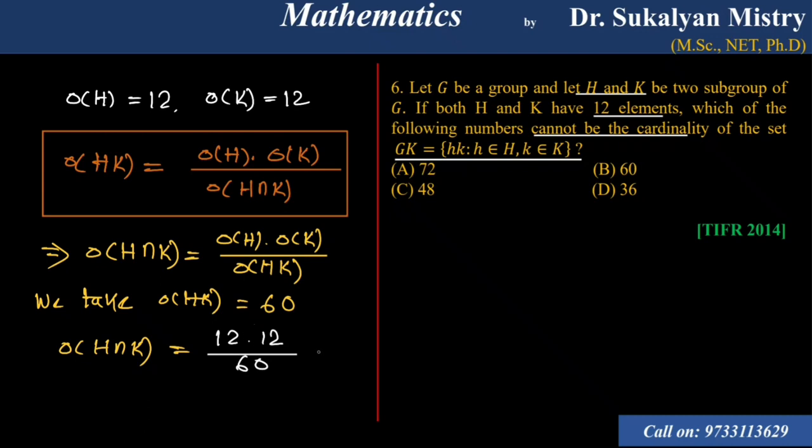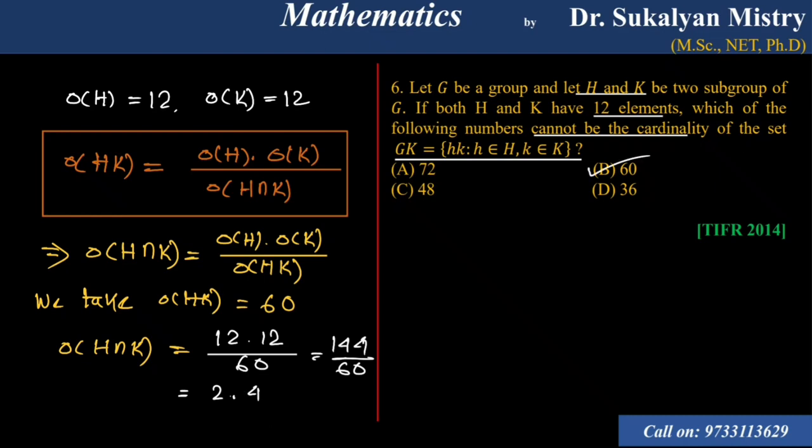So that means 144 divided by 60. So that will be 2.4, which is not possible because the order of a group is always an integer. Okay. So option B is correct.